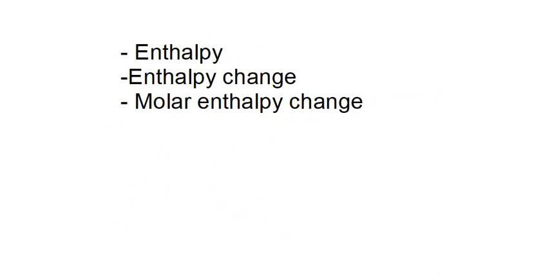So here we're going to be talking about the difference between enthalpy change and molar enthalpy change. Enthalpy is the easiest, it's just H, and it's just the measure of energy in a system. So the total energy. Enthalpy change is delta H, so the final enthalpy of a system minus the initial.